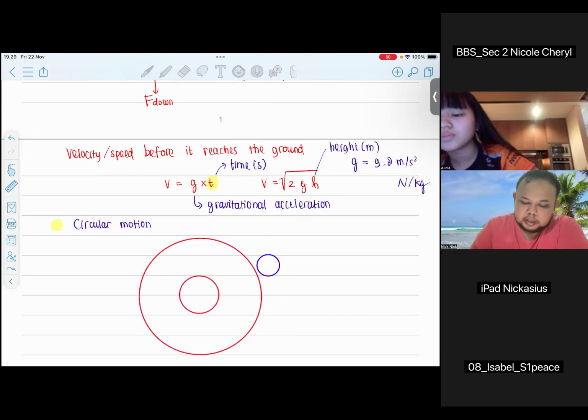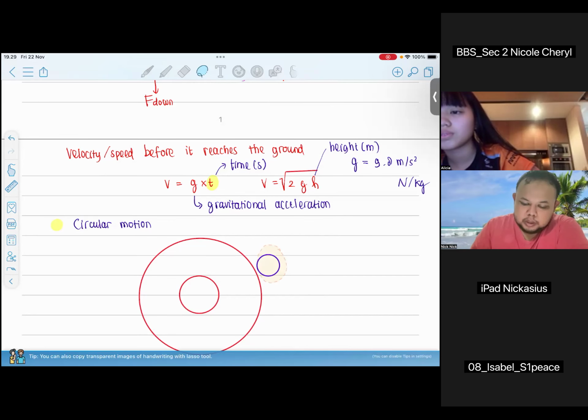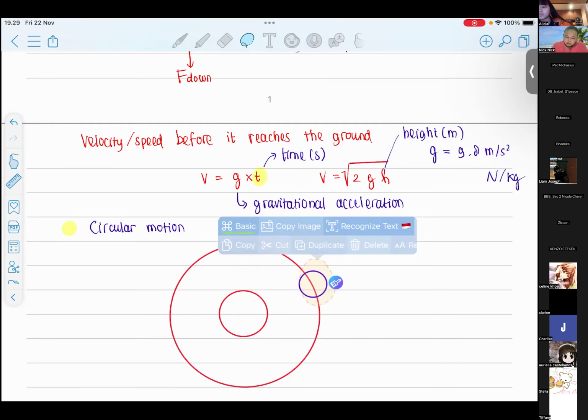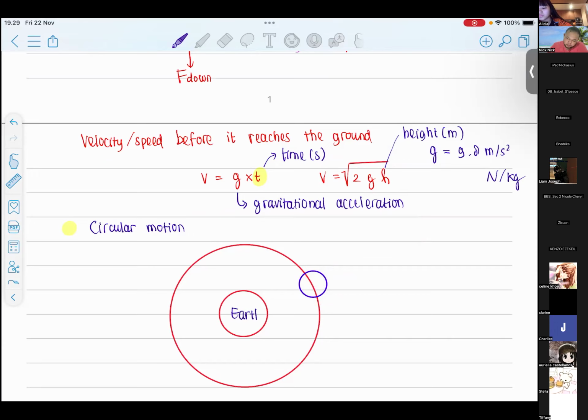The question is, why does the moon still rotate in its own path? This is Earth. This is moon.